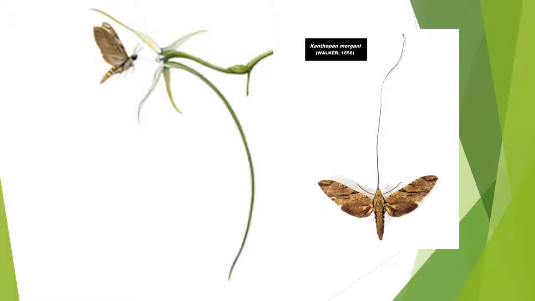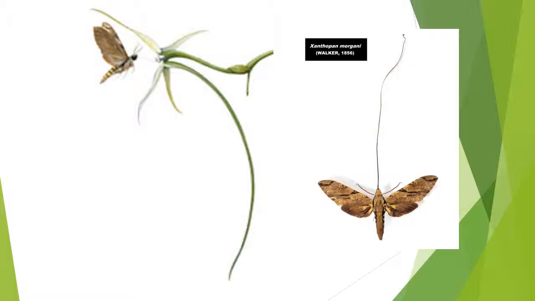Usually it's kind of coiled up in front of its mouth, and then when it goes to feed on something it uncoils it and uses it as a straw. So this is an example of coevolution, and what you have to ask yourself is, which one evolved first? Do you think the orchid evolved and then the moth had to evolve, or do you think the moth evolved and then the orchid evolved?